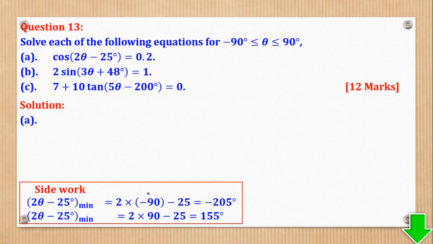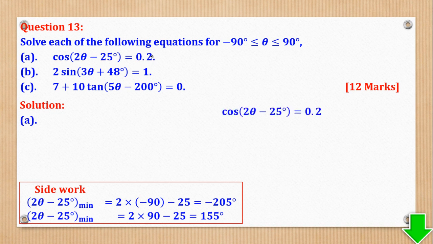We shall see how. Now this is side work. It will not be given any mark, but it will be helpful so that you don't write unnecessary or premature angles.